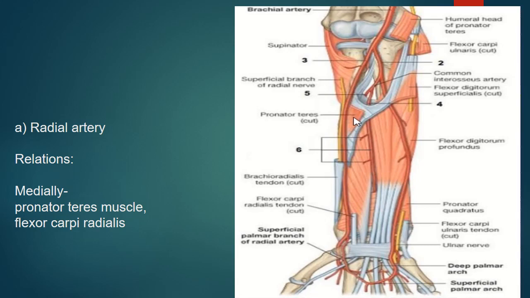As you can see, just medial to this radial artery, we have pronator teres muscle, this one, in its upper 1/3, and we have the tendon of flexor carpi radialis in the lower 2/3 of its course. This one is the cut tendon of flexor carpi radialis muscle, which lies on the medial side of the radial artery. And here is the pronator teres muscle, which lies medial to the radial artery in its upper 1/3.